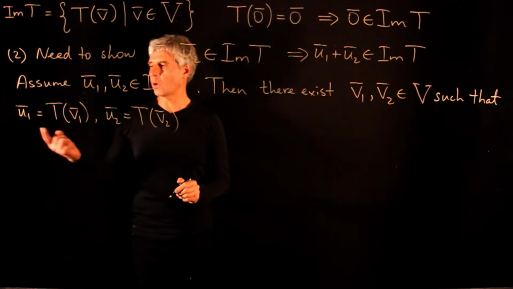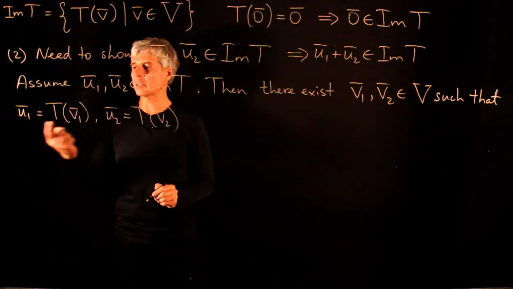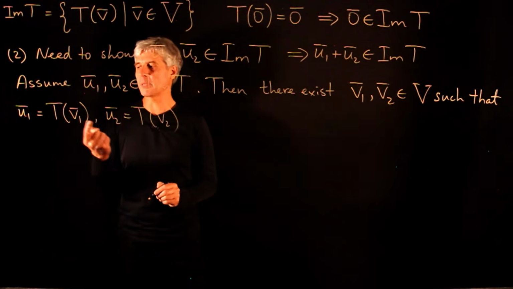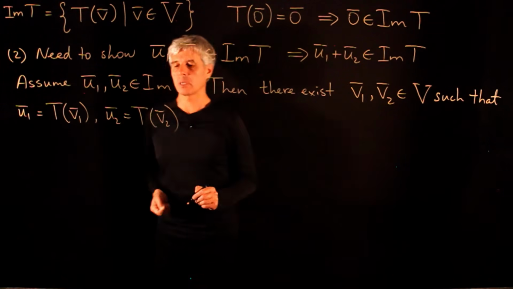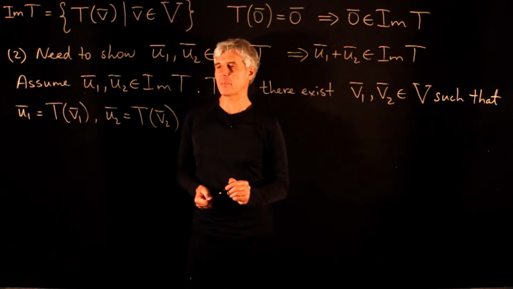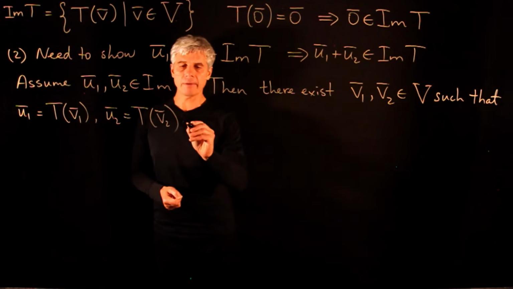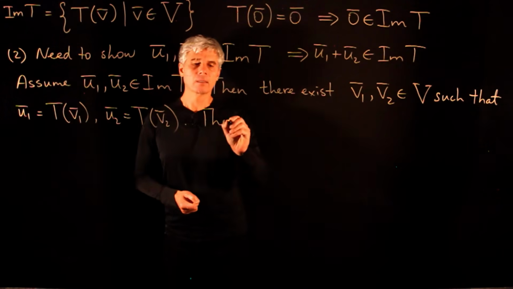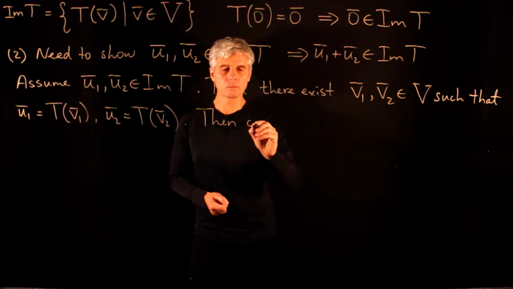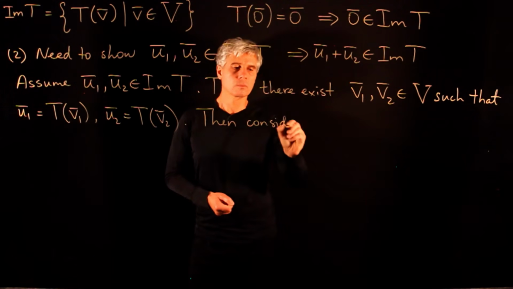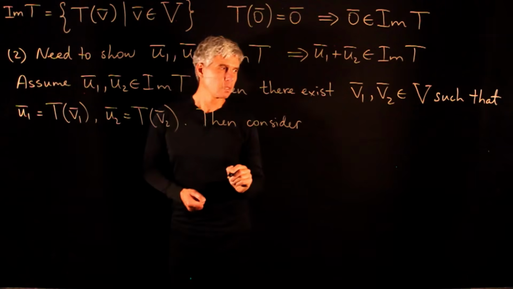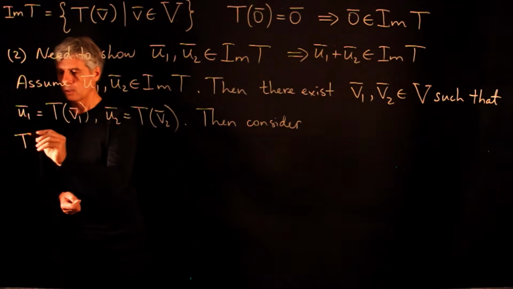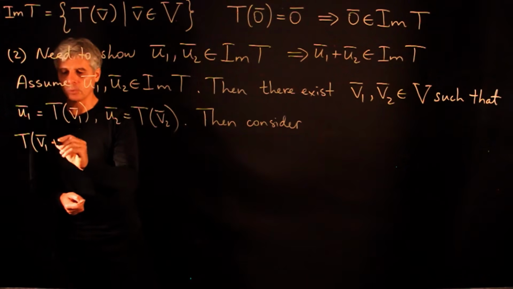So this is what it means for the vector to be in the image of T. It means that it has a pre-image in our vector space V. But then, consider T of V1 plus V2.